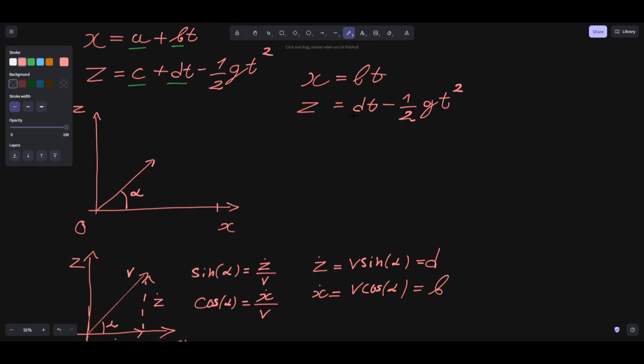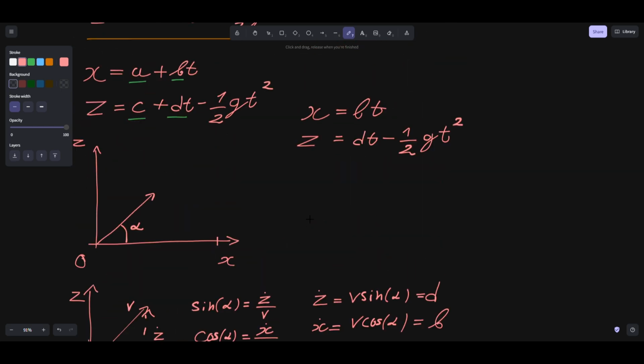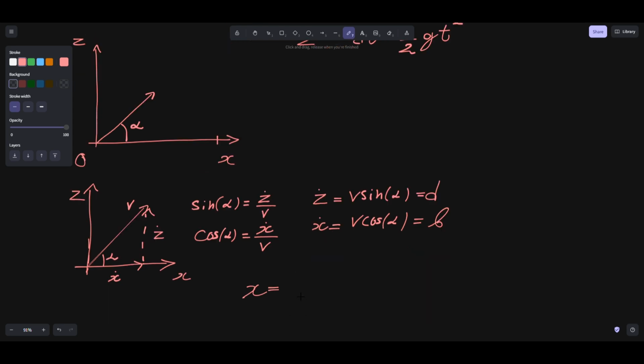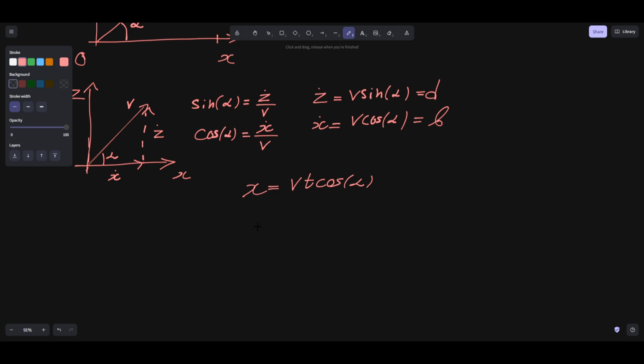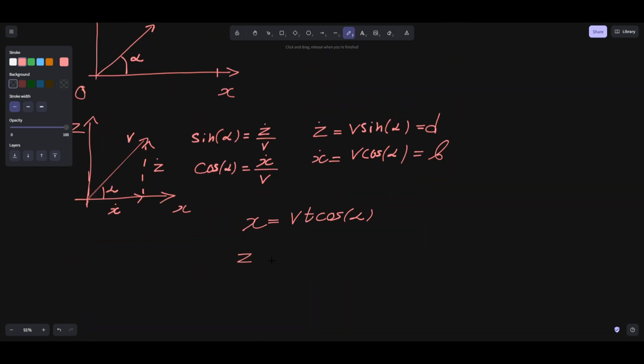And so now we can rewrite these two equations the following way. And we also have z here.